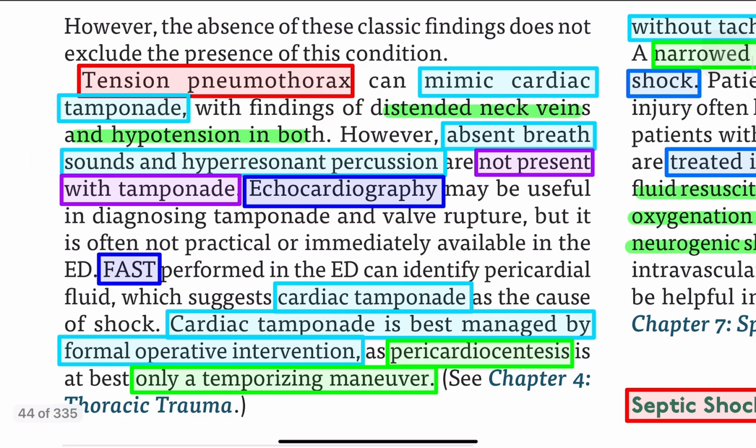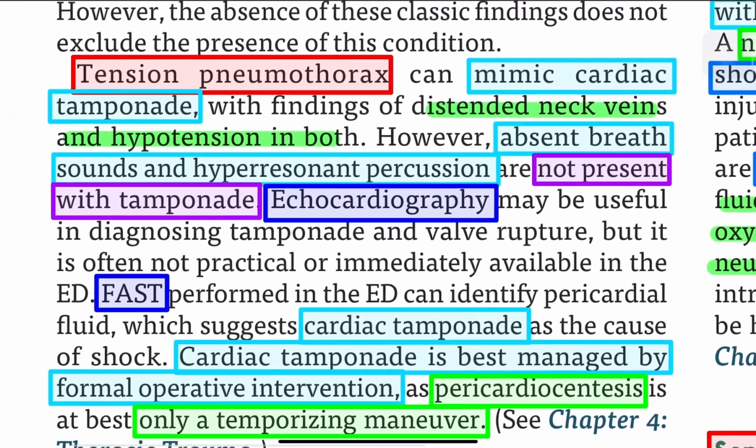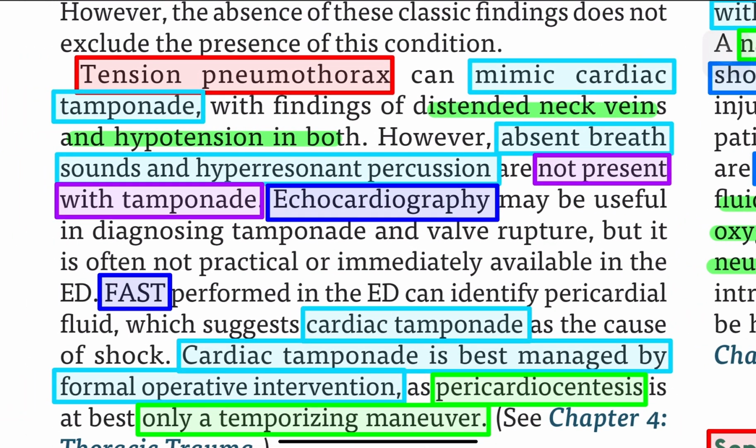Tension pneumothorax mimics cardiac tamponade, but there are a few differences. Tension pneumothorax is a respiratory problem, so you will get absent breath sounds and hyperresonant percussion, and this is not present with tamponade.